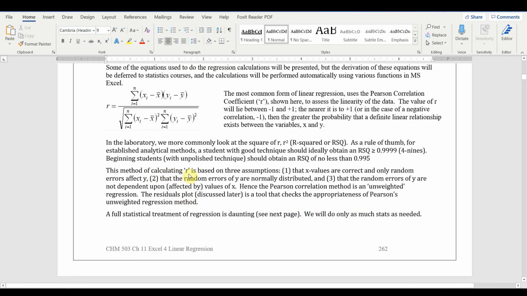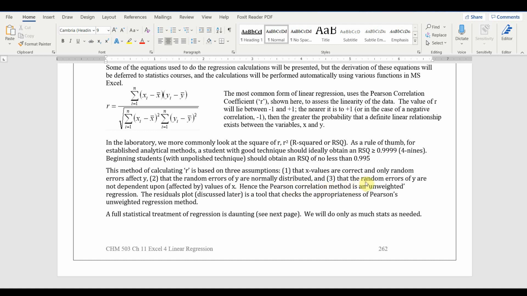The method of calculating R is based on 3 important fundamental assumptions that we need to be aware of. First of all, the x values are correct, meaning you prepared your standards accurately, and only random errors affect y. Secondly, the random errors of y are normally distributed. It fits a normal distribution.